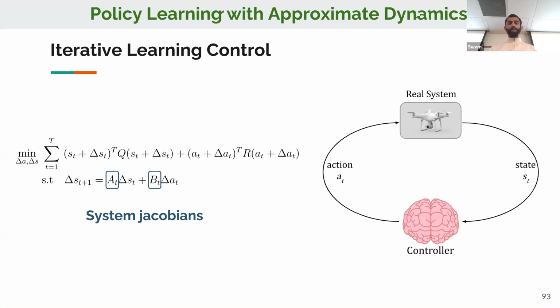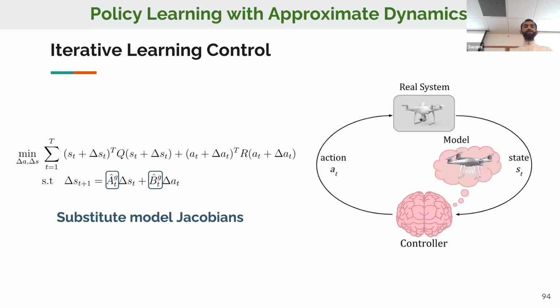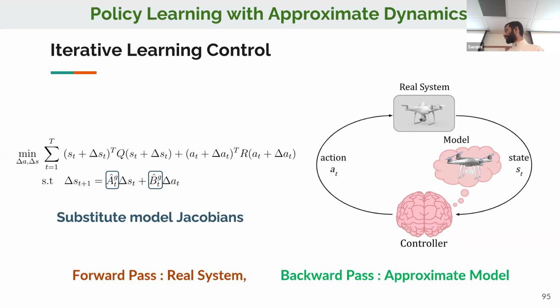And so what ILC says is, instead of using the true dynamics or true system Jacobians, you should instead substitute the approximate model Jacobians that you might have while solving the optimization problem. The caveat here is that you're still using the true system to evaluate your policy.